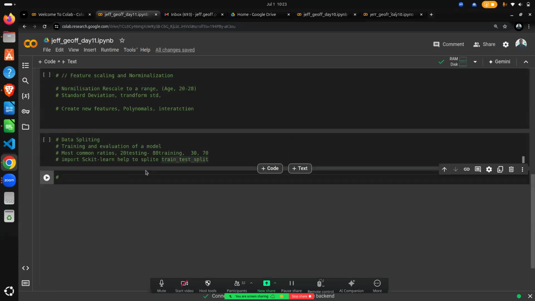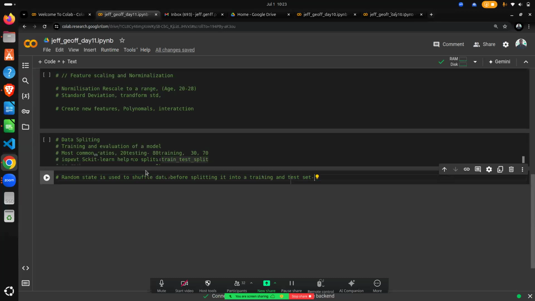Now, random state is used to shuffle the data before splitting it into a training set and test set.